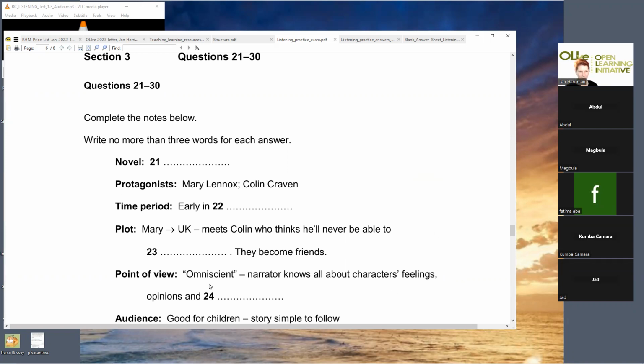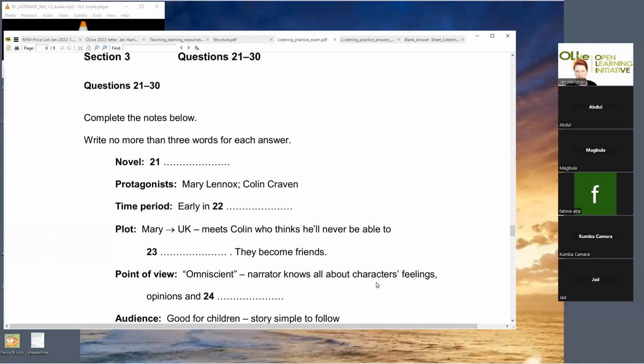All right. And then point of view, number 24. An omniscient narrator knows all about characters' feelings, opinions, and something. Okay. So we're going to be listening when they talk about the narrator.